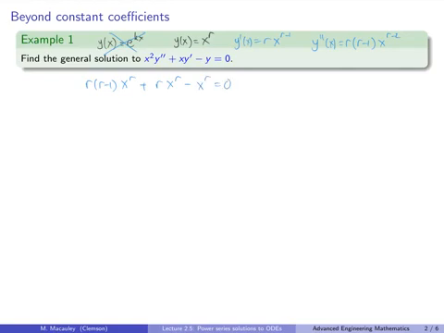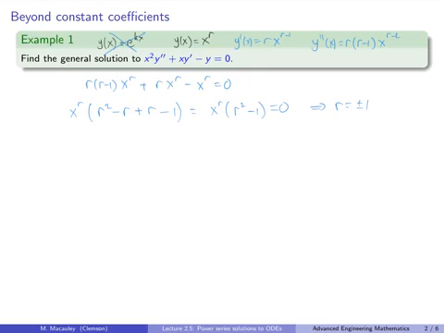So let's simplify this on the left hand side. First of all, we can factor out an x to the r. There's going to be an x to the r in everything. And now what do we have left? We have r squared minus r plus r minus 1. So what is that? That's x to the r times r squared minus 1 equals 0. So that tells us that r equals plus or minus 1.